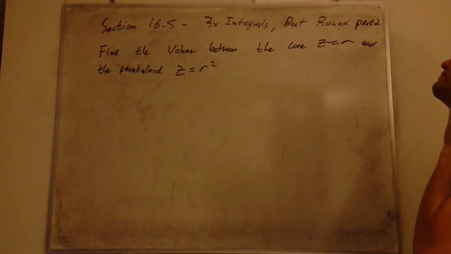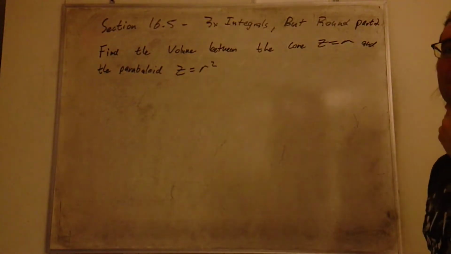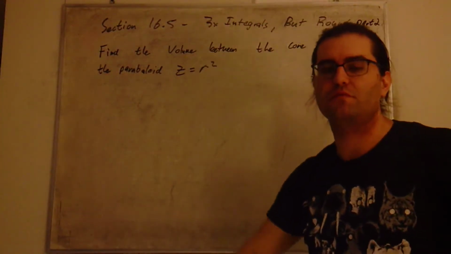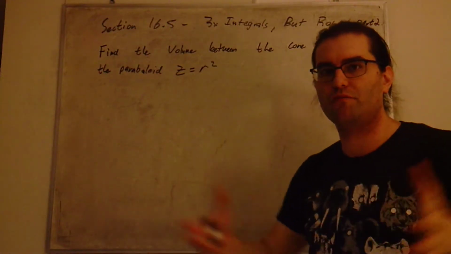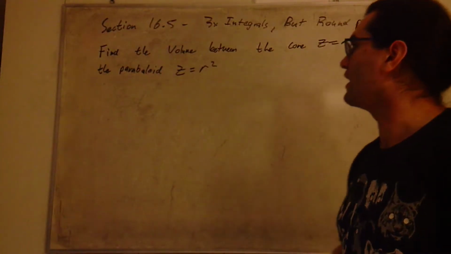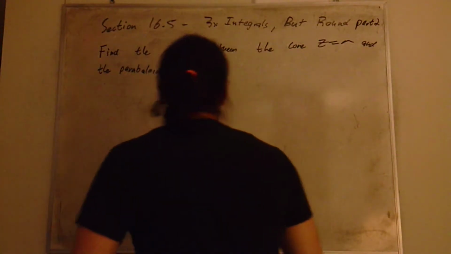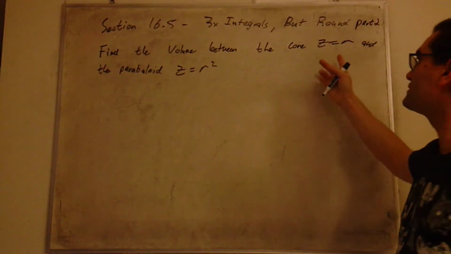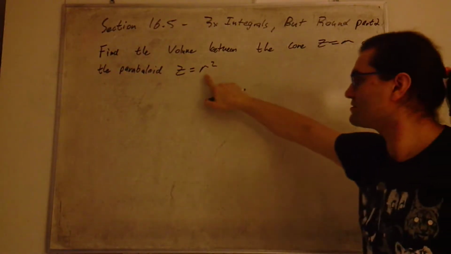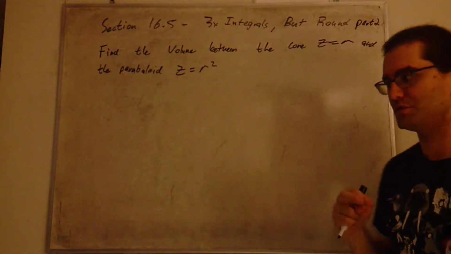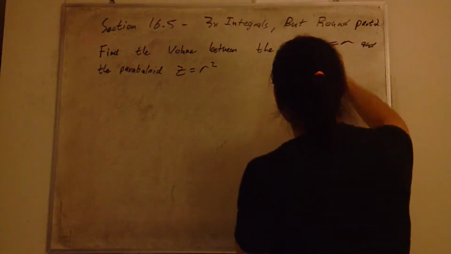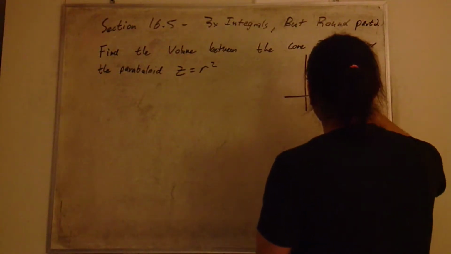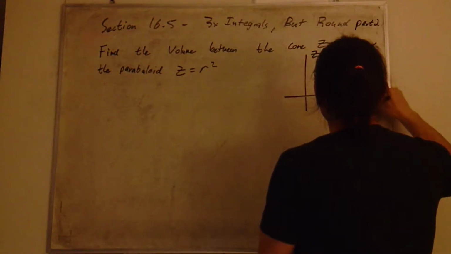So we are no longer going from a surface down to the xy plane situation. We are going from one surface to another surface, and I want to see what that looks like. When you're drawing these things, since we're usually just dealing with r's and not x's and y's specifically, I like to draw these things with a cross section of the z-axis going up and the xy plane on the horizontal.